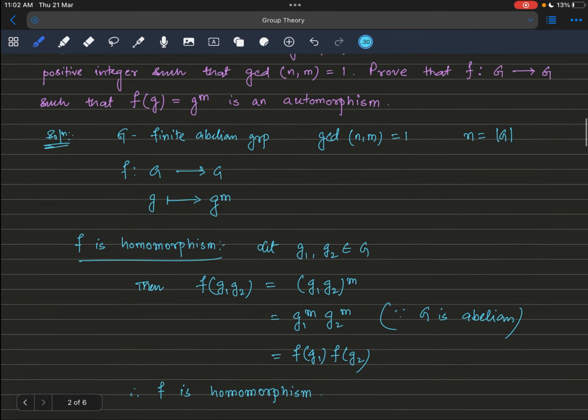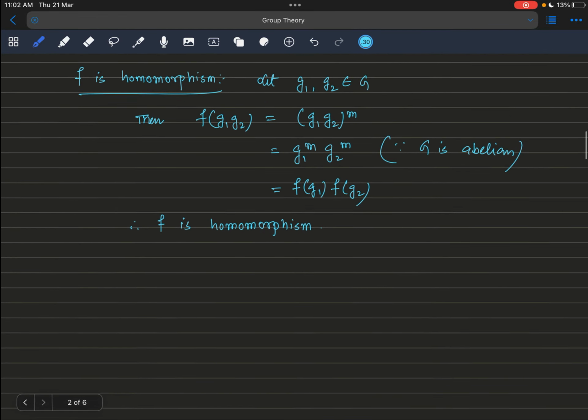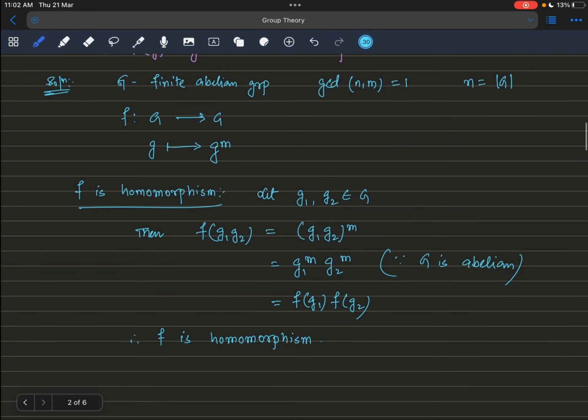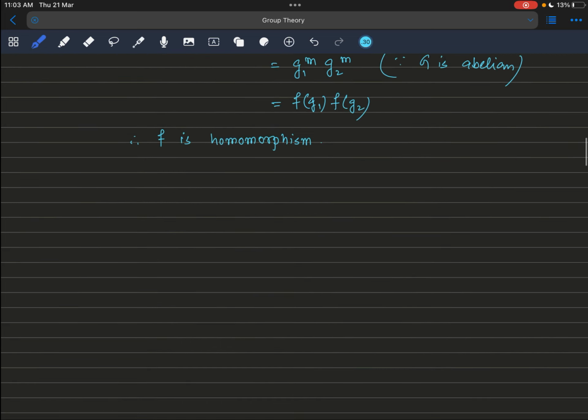Now we have to show that f is bijective. Since f is a map from G to G and G is finite, it is enough to prove that f is one-to-one, because there is an equivalent statement: if a map from a finite group to a finite group is one-to-one, then it is onto.